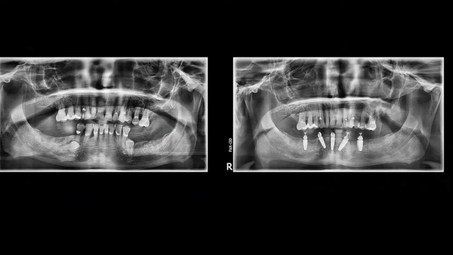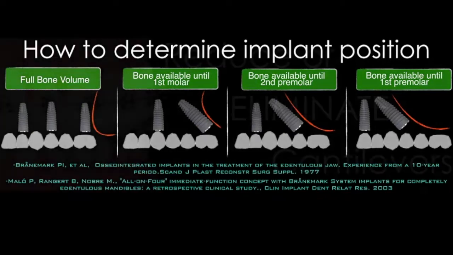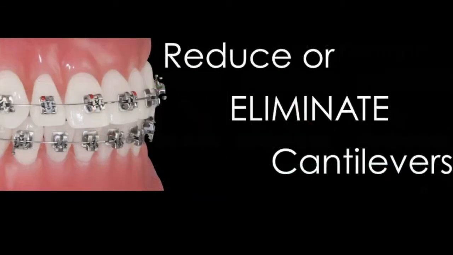So always keep in mind that as long as you stay within the range where your prosthetic components will allow you to correct those angulations, you're going to be able to restore those patients very, very comfortably. Or think like an orthodontist.